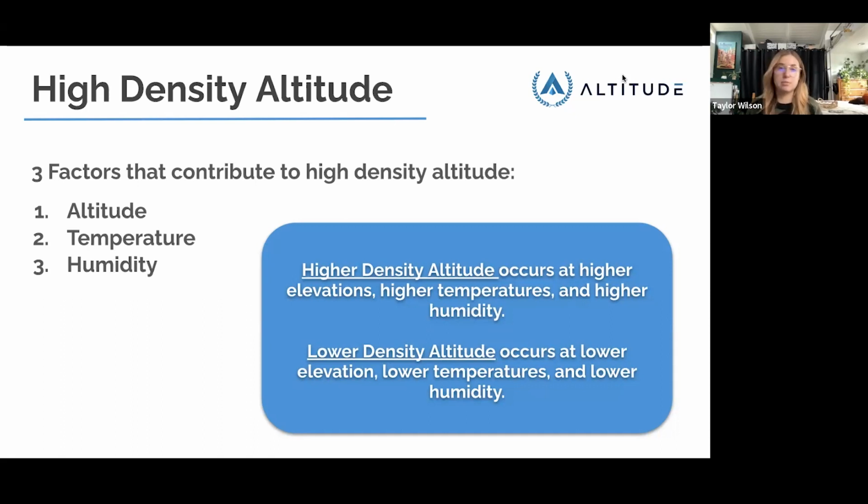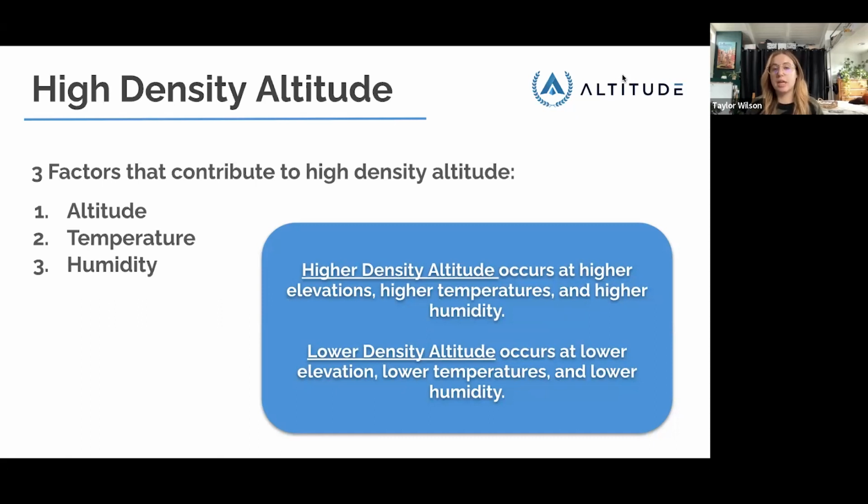Now, why does this matter? Because it directly affects how our aircraft is performing, since we have fewer air molecules flowing over our props, for example. Our propellers and airfoils are completely dependent on air molecules flowing over them in order to develop lift. If we decrease the amount of air molecules flowing over our airfoils, we decrease our performance.